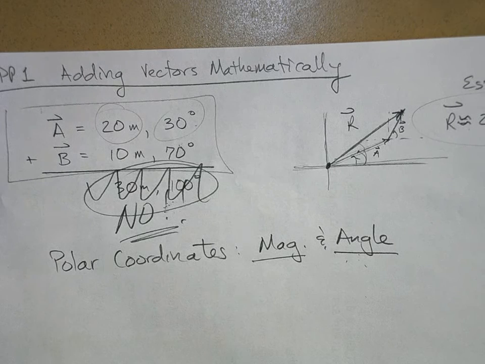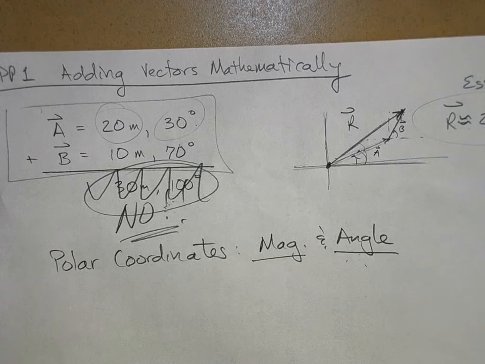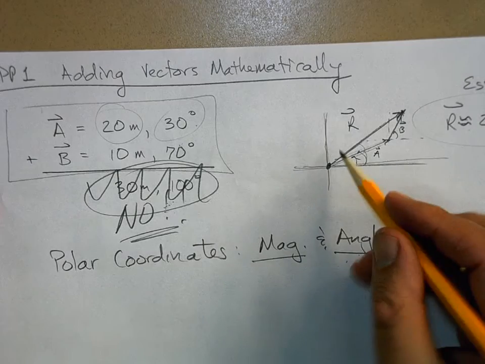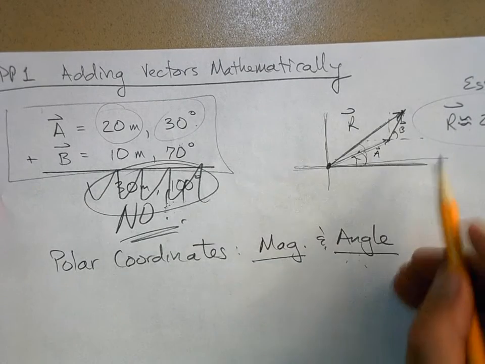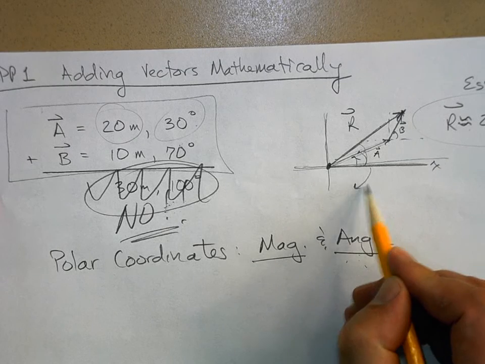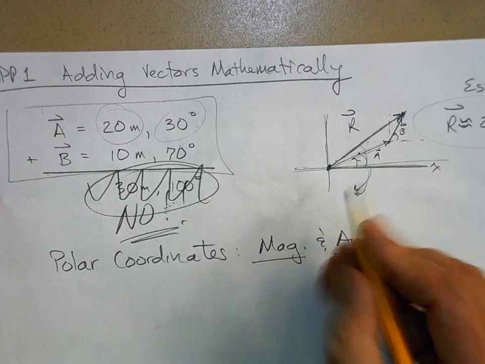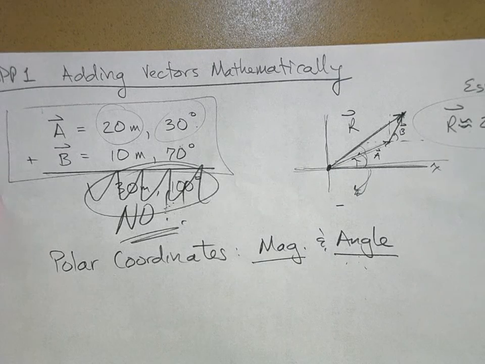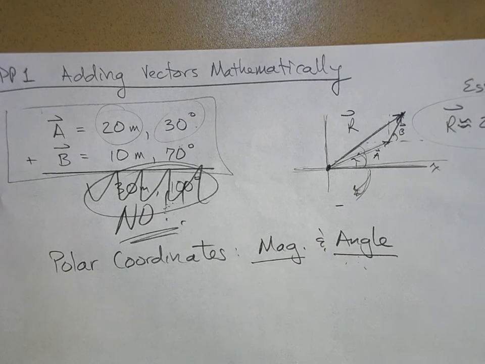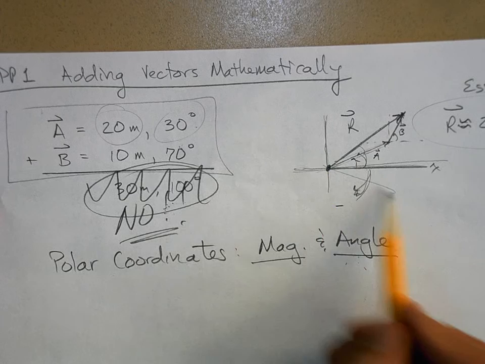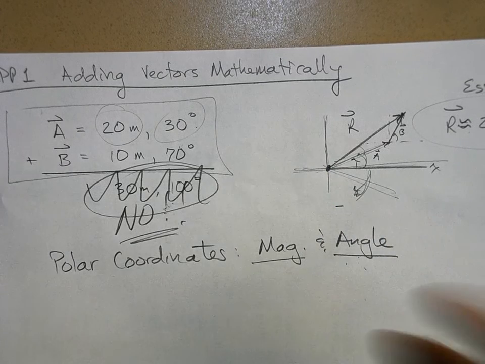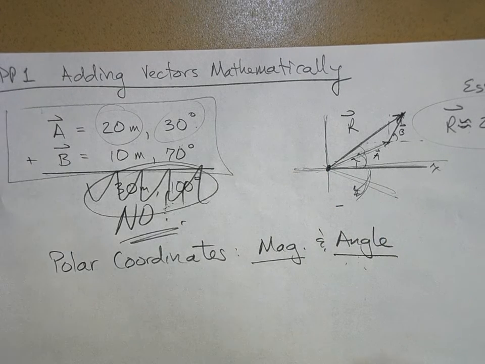All the mathematicians got together and decided this is how we're going to do it. If we rotate the angle clockwise from the positive x-axis, that gives you a negative angle. If I said negative 30 degrees, it would be down like this. You remember this from your math classes, I hope.